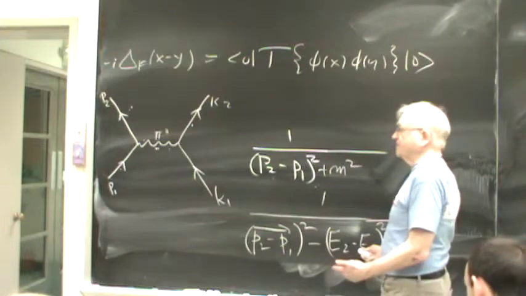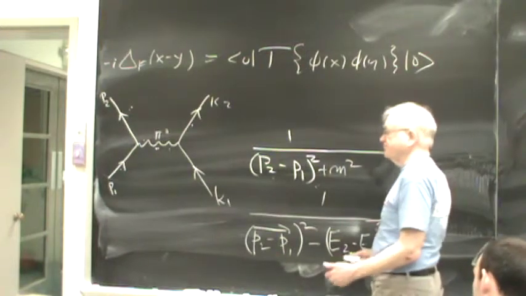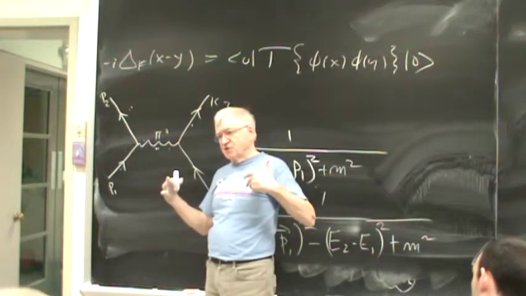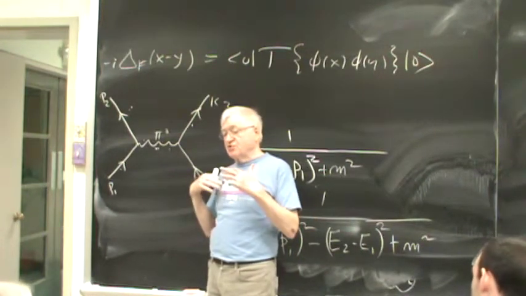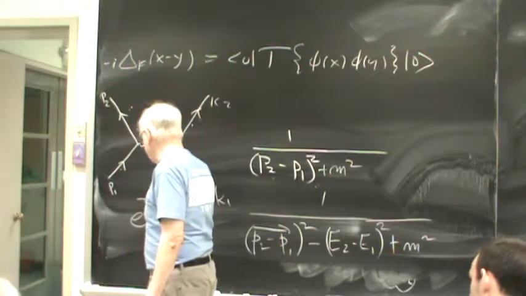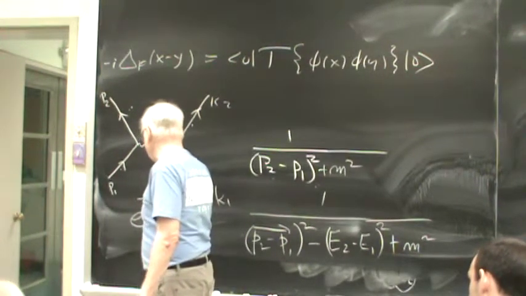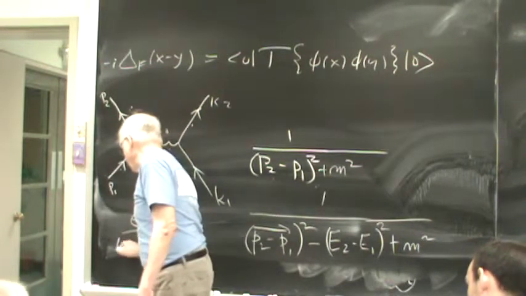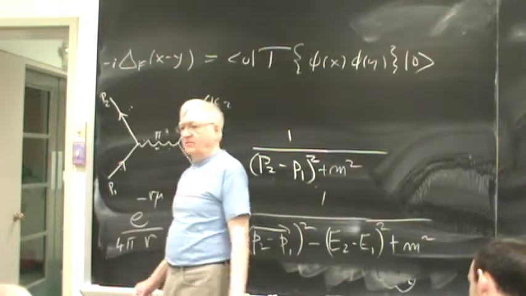And what this tells you is that this force is basically short range. It has a range, instead of being a Coulomb potential, it's e to the minus r times mu over 4 pi r, essentially.